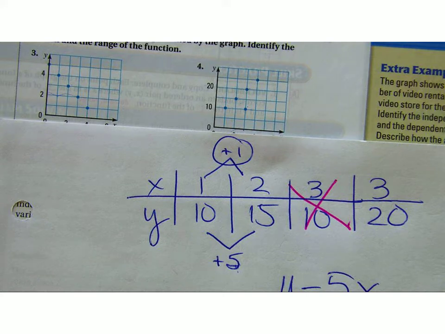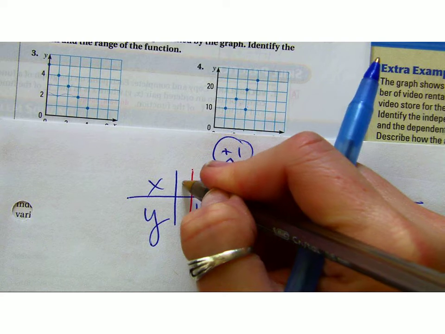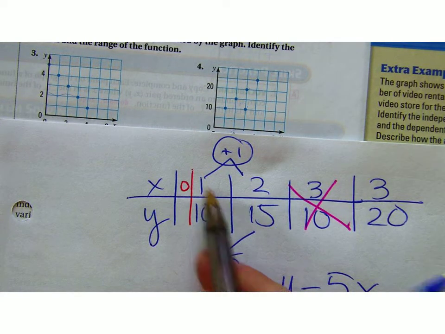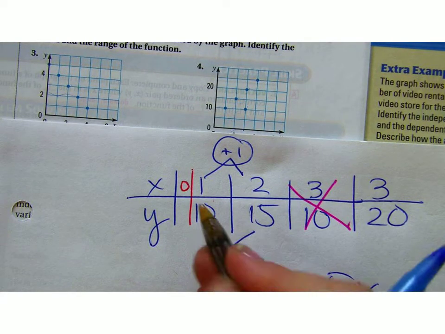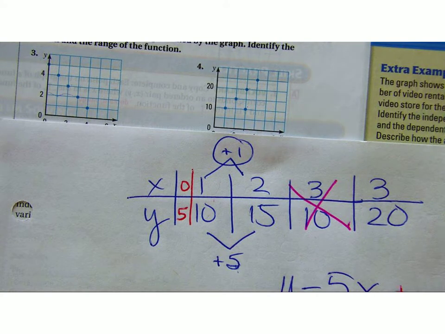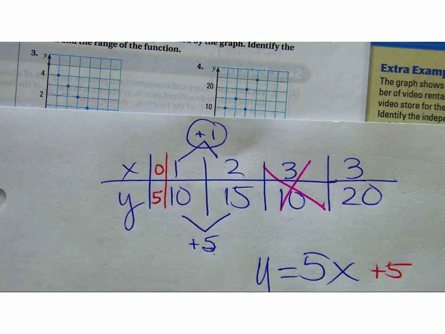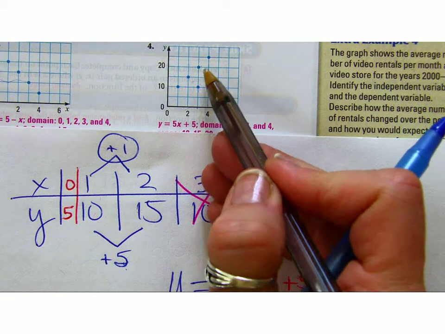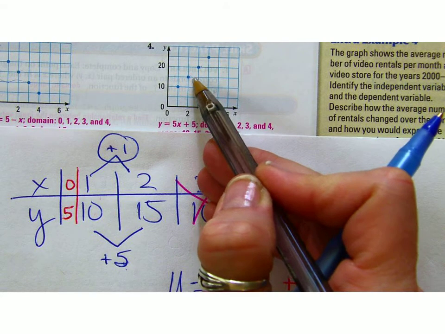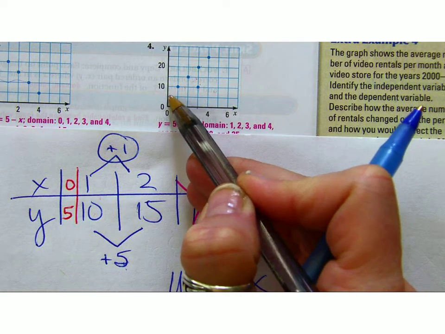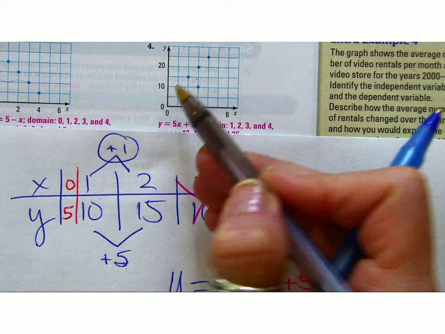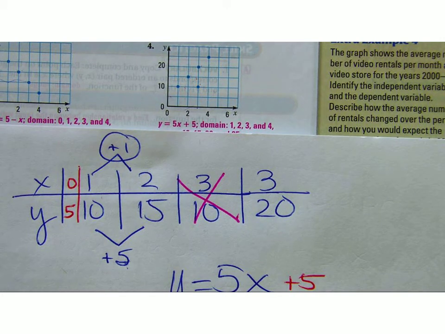You could either go back to 0, and if I went back 1, I would have to go back how many here? 5 to get to 5, right? Plus 5. Or could you tell by the graph? Could I just keep going? And wouldn't I be at 0, 5 there? Okay. So are you good on how to write the equation from the thing there?